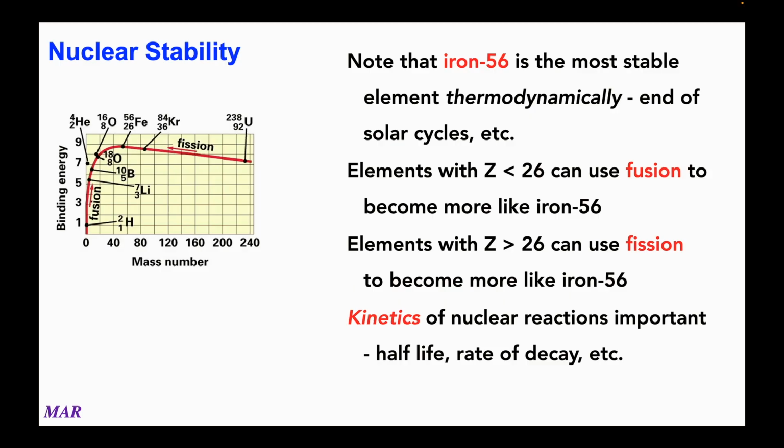However, I'd like to remind you that kinetics is a huge factor in this. Having any of these reactions possible takes incredible amounts of activation energy. And so the time required to have the elements fuse or fission is really, really large, all right?